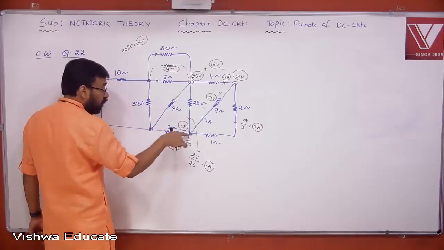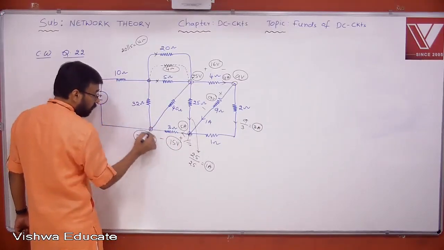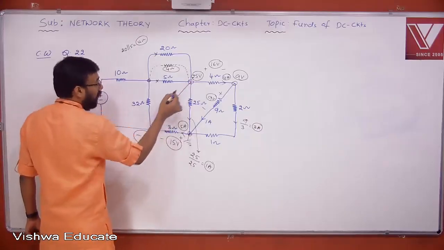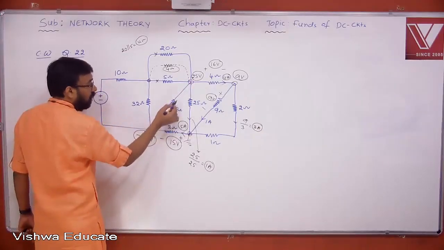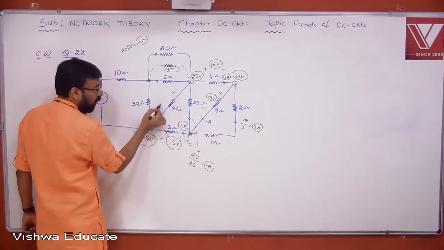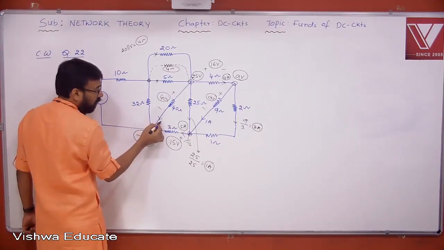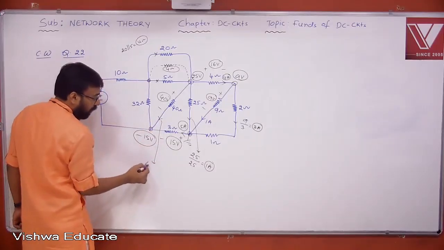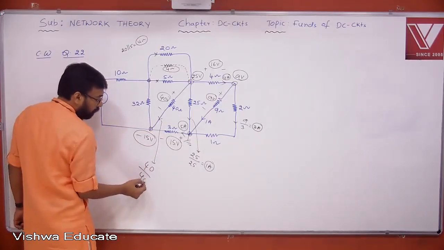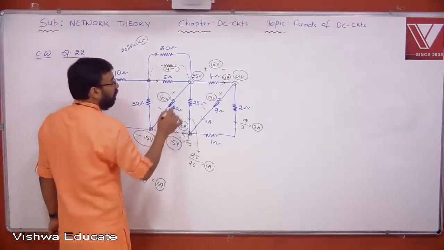You drop the voltage. 0 minus 15, that is minus 15 volt. Now you tell me, what is the current flowing in this particular path? 25 minus of minus 15, how much is it? 40 volt. 40 by 40 will give you 1 ampere. See? Now you know everything here.